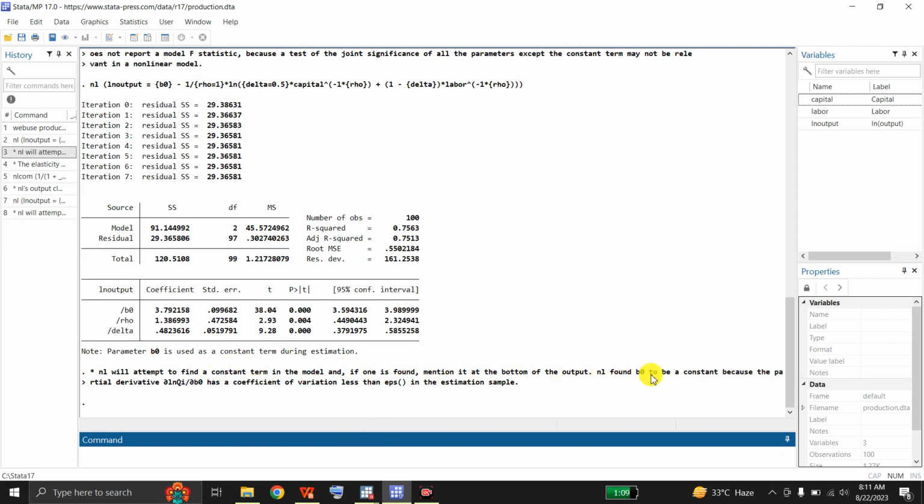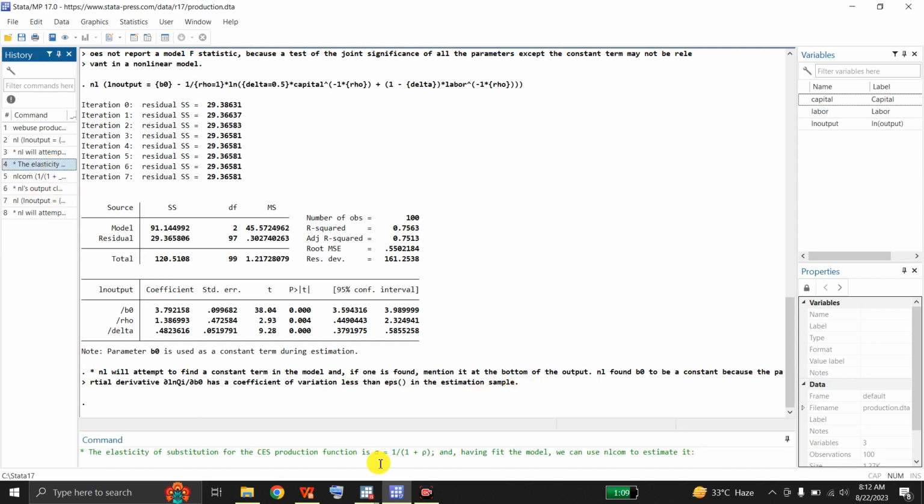NL found beta naught to be a constant because the partial derivative of log of QI with respect to beta naught has a coefficient of variation which is less than EPS, in the estimation sample.